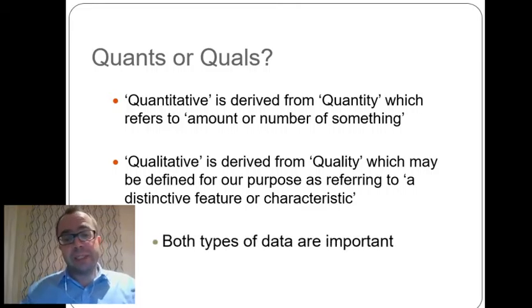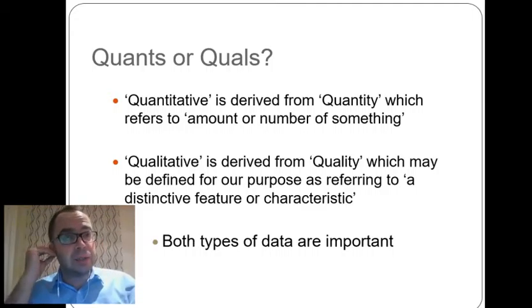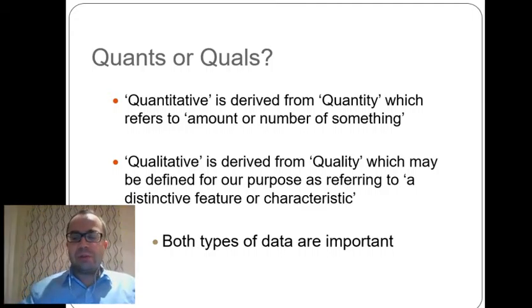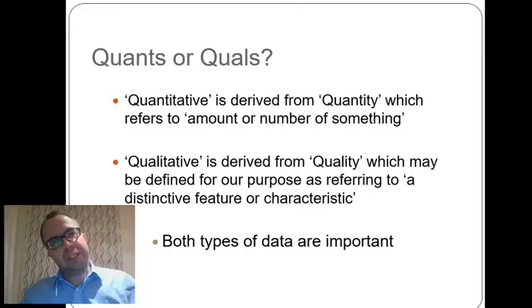Both types of data are very important, and it's entirely up to you and your approach how you're going to address your research question, using either of them. At HND level, you may wish to go for either quantitative or qualitative research.